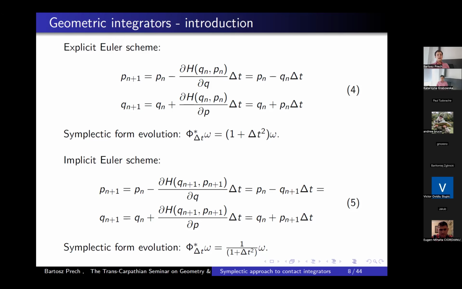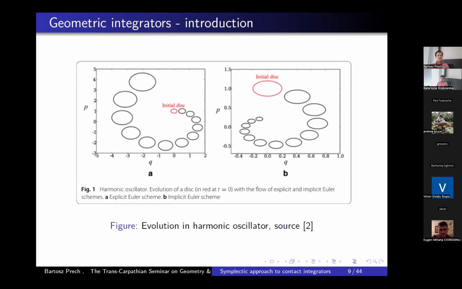The general term combined with the derivative of the Hamiltonian is of course a general scheme, but the equations on the right are for the harmonic oscillator, and for a one-dimensional harmonic oscillator the symplectic form is just the volume form, so we can easily see how it changes in the example.